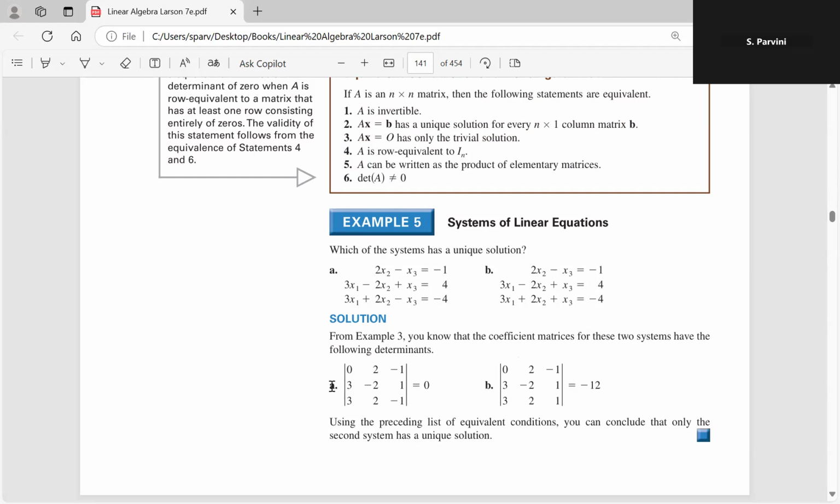If you look at this one, the determinant is 0. Now remember, if you want an invertible matrix, the determinant cannot be 0. If the determinant turns out to be 0, such as the case in part A, then the matrix is not invertible.